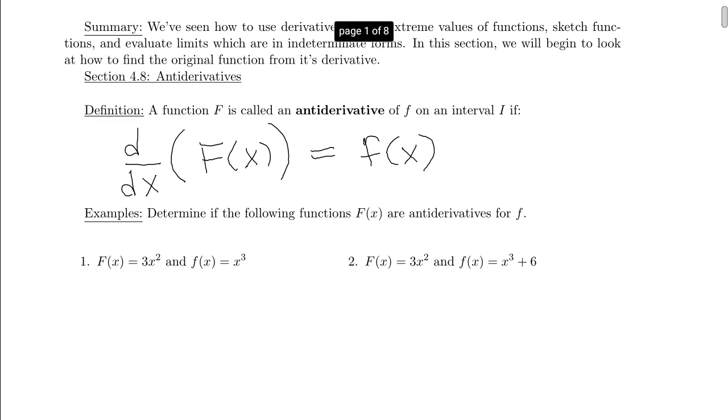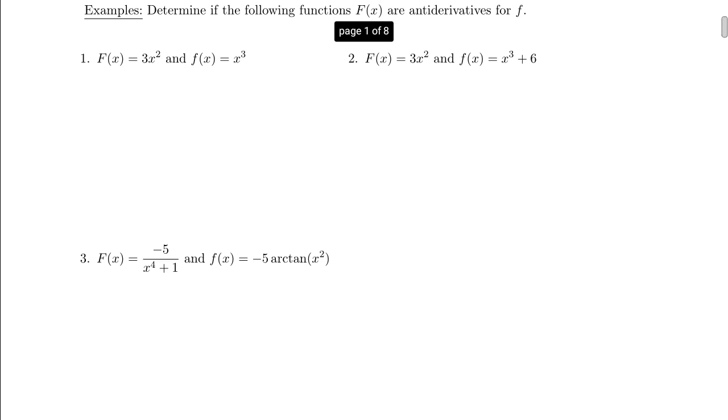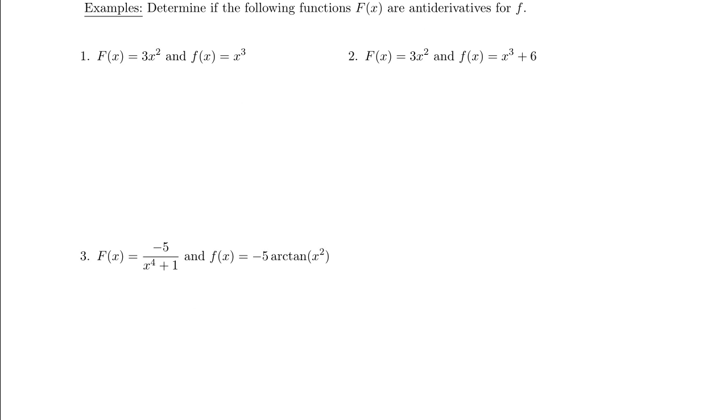And so let's look at some examples. I did these examples in a weird way, so not many of them are actually antiderivatives. Example 1: determine if the following functions capital F of x are antiderivatives for little f. I want to check this by taking the derivative of capital F and seeing if it equals little f.